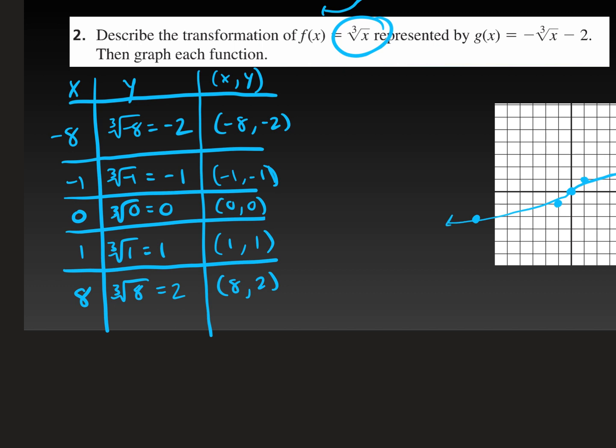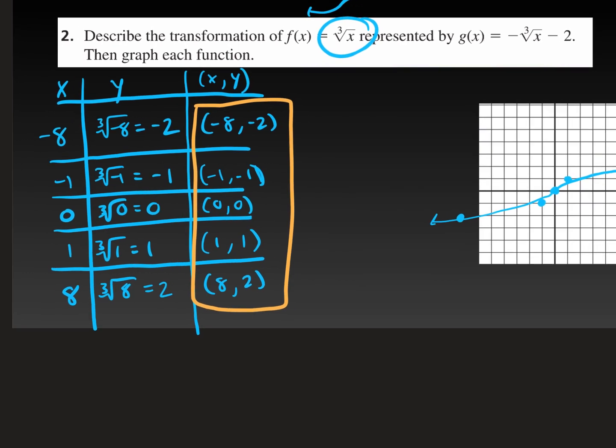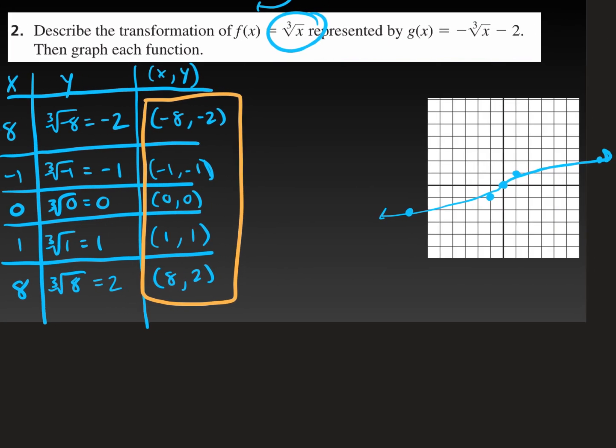Now this is our parent function. So again, you don't have to graph the parent function every time. Just know your important points. So these are our important points for our parent function. Now remember, it's a mirror of itself. So whatever happens on the right, the same thing's going to happen on the left.